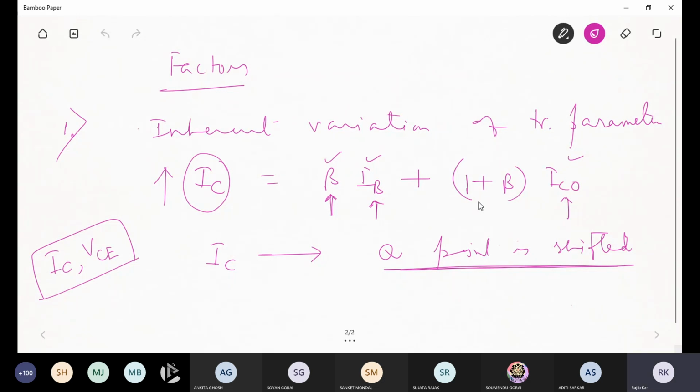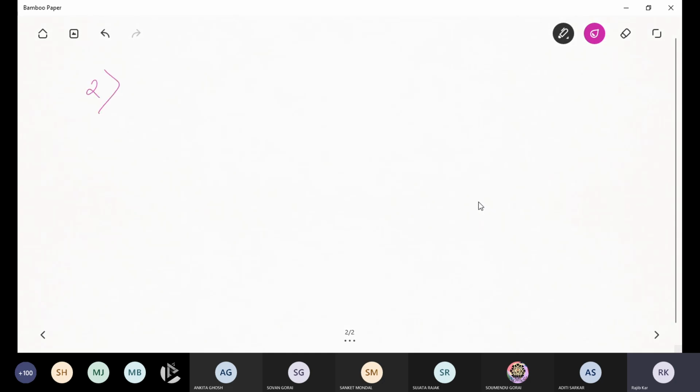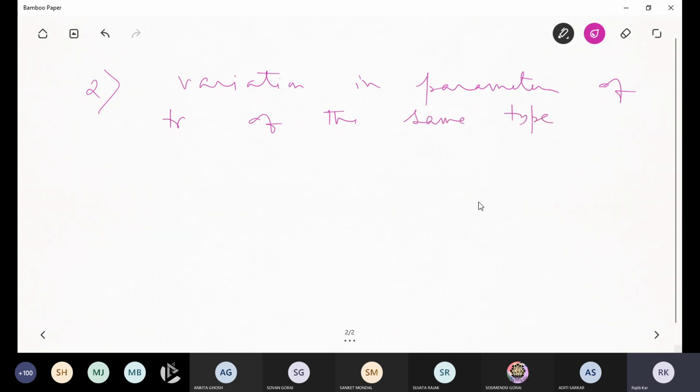The second is variation in parameters of transistors of the same type. You take two transistors of the same model, same make, same fabrication technology, but you will find the values of the internal parameters are different.